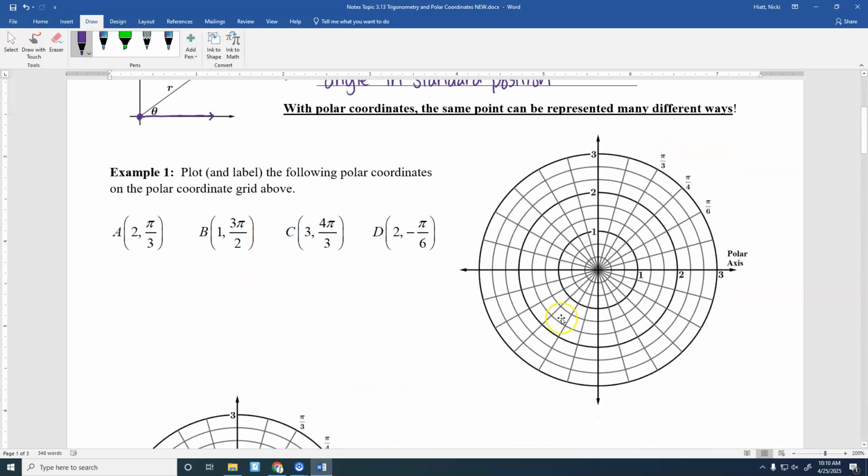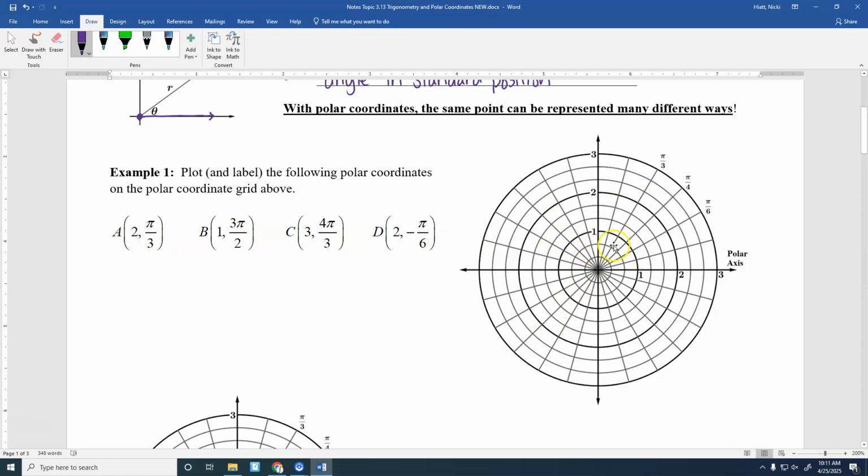Plotting polar coordinates is not too bad, right? If I have something like pi over 3 as my angle, I'm going to go over here to pi over 3. And then on your polar graph paper, whatever type that you have, you are going to have all these circles.